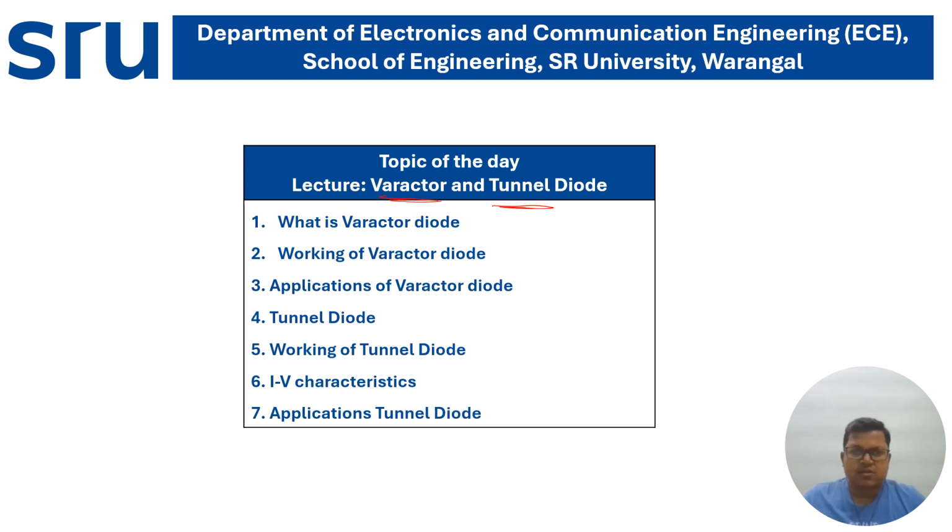So we will see what a Varactor diode is, their working principle, and some applications of the Varactor diode, and then we will discuss the same things about the tunnel diode, their working, the IV characteristics, and the application at the last. Okay, let's start first with the Varactor diode.